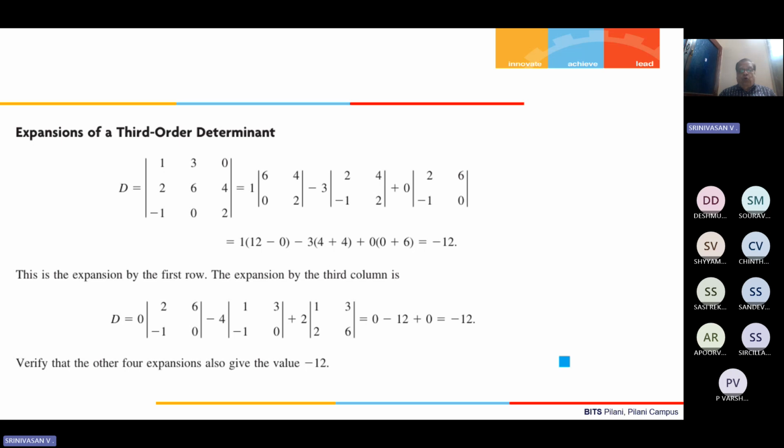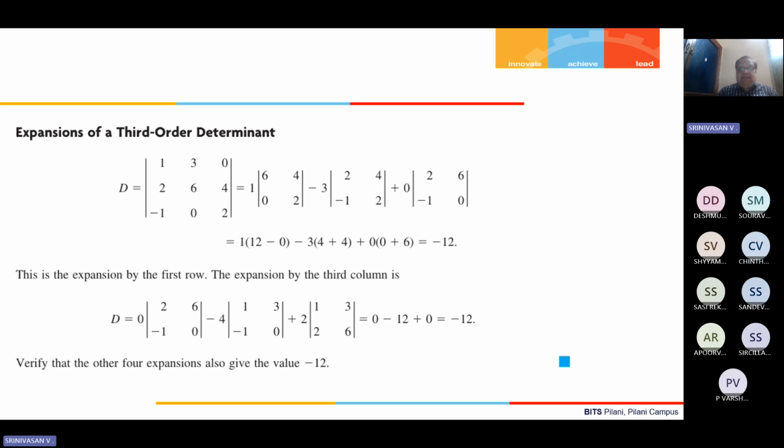So this row and this column, if you eliminate, it means don't just remove it. Just understand that these two are not considered. So what is the remaining determinant? 6, 4, 0, 2, of order 2 by 2. Now, minus is the positional sign for the first row, second column element. Suppose here you have minus 3, it will become plus 3, isn't it?